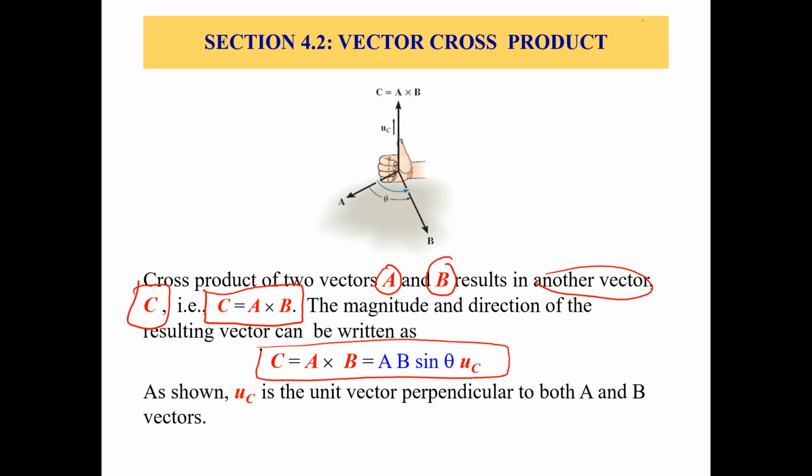You get A times B times sine of theta times U sub C. We already know what A and B are. Theta is the angle between these 2 vectors. And what is U sub C? Because C is a vector quantity, it has some magnitude and some direction. U sub C is a unit vector which gives us the direction of the vector C. So that's how you get the cross product of 2 vectors.